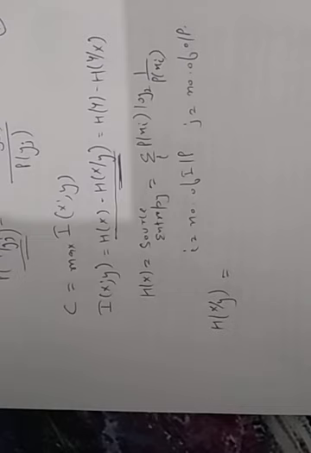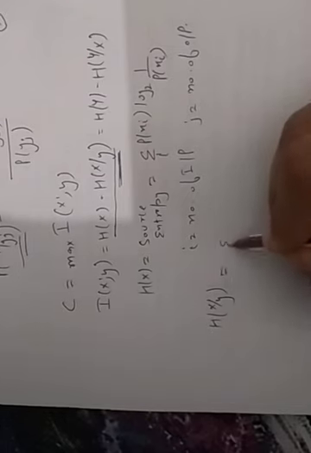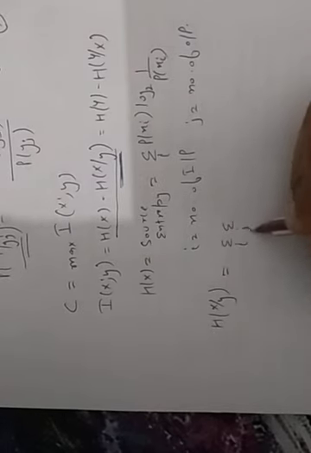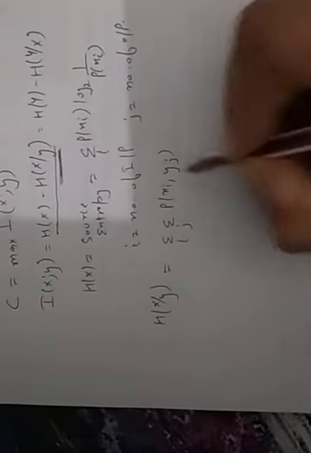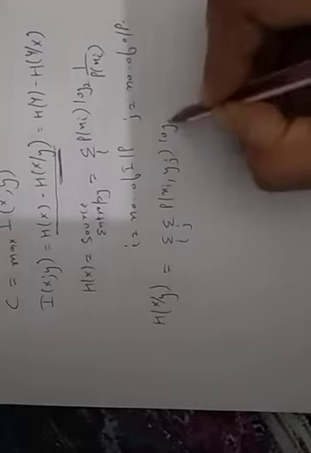Because Y has already been received, what were the chances that X has been transmitted? It is given using the formula, as we have already discussed, summation over i, summation over j, P(xi, yj), that is joint probability, log base 2 of 1 upon P(xi/yj). So this is the formula for conditional entropy.